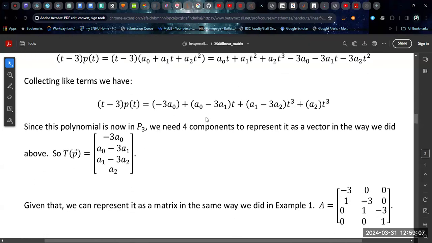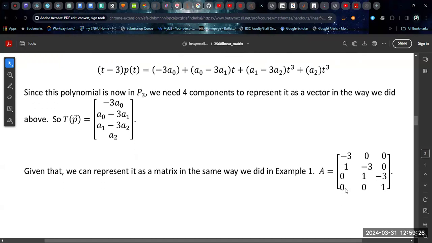If I represent this as a polynomial in P3, I just put my coefficients in the corresponding positions. Remember, constant, linear, square, cube, and I would get this transformation, and therefore it is very easy to see that I can represent this transformation from this expression as a matrix with -3, 0, 0, 1, -3, 0.